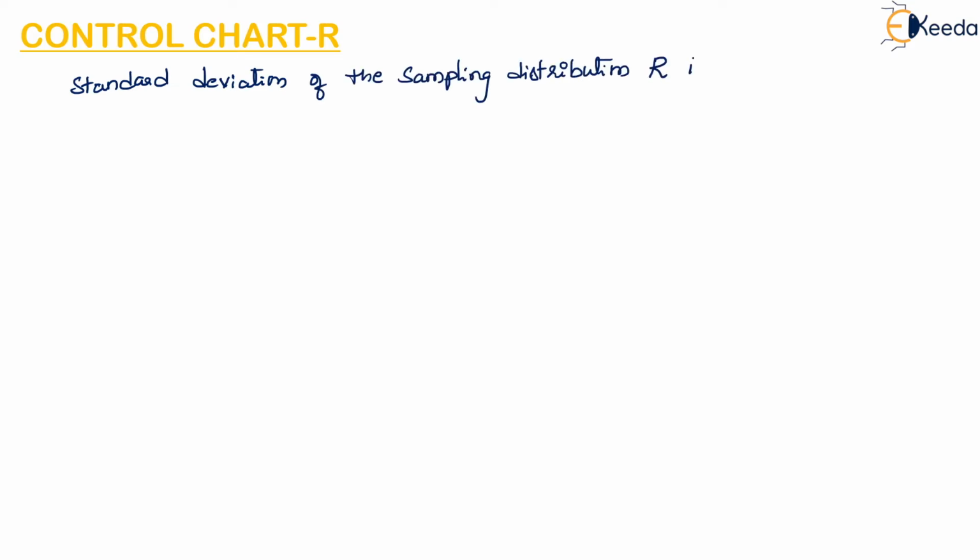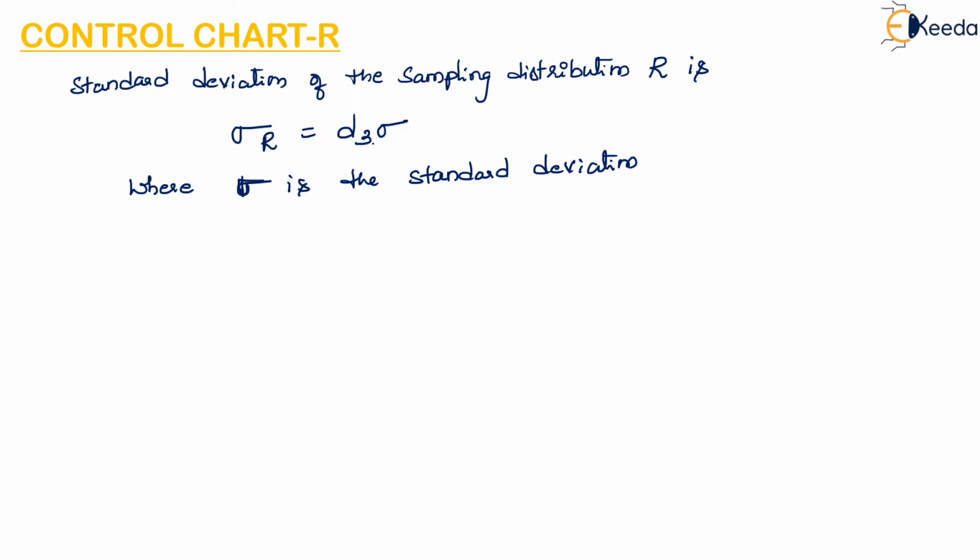The standard deviation of the sampling distribution of R can be written as sigma R. Sigma R can be written as D3 times sigma, where sigma is the standard deviation of the population.